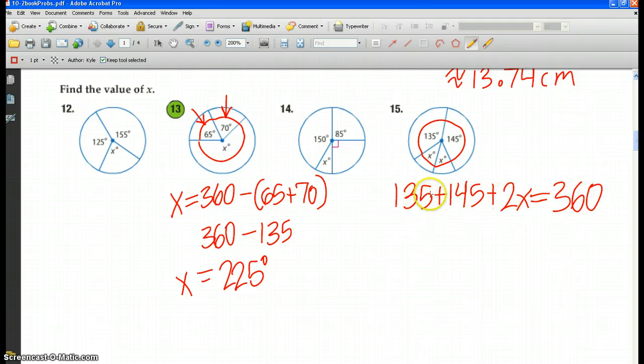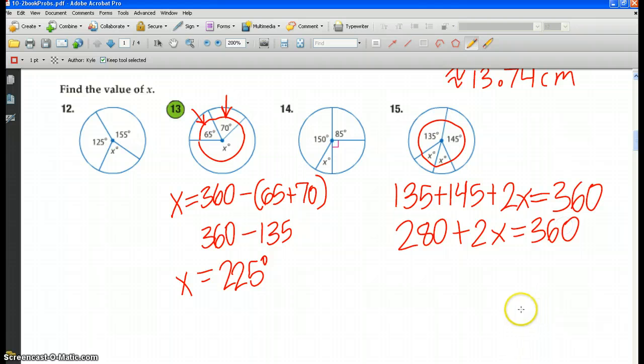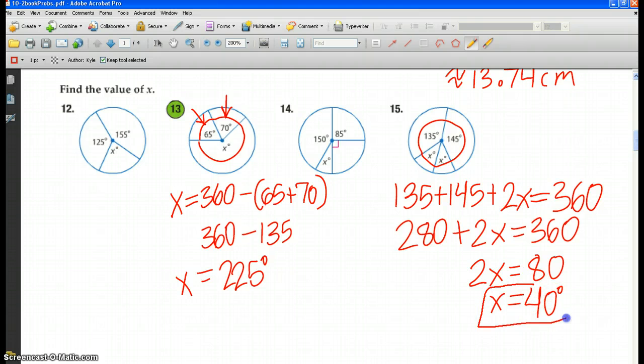And if we combine our like terms, 135 and 145, we get 280. Subtracting 280 from both sides, we would get 80. And dividing both sides by 2, we get 40. So x is equal to 40 degrees.